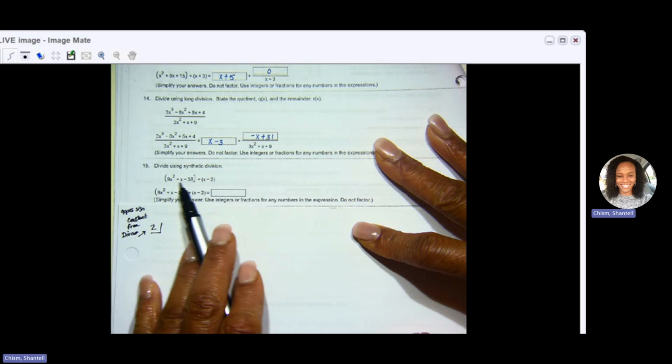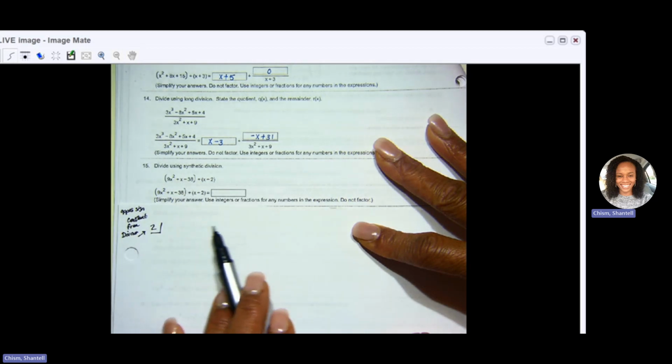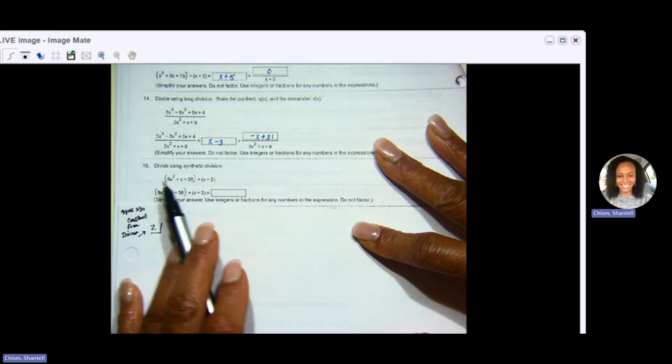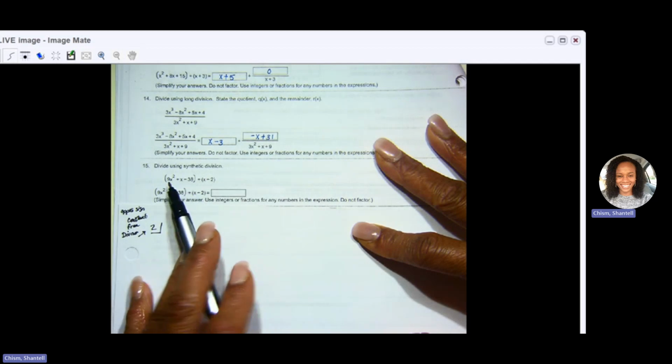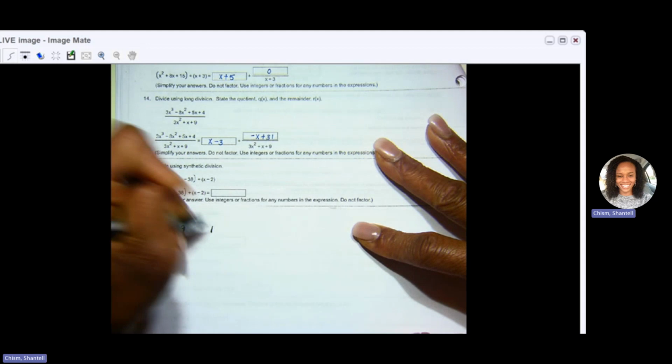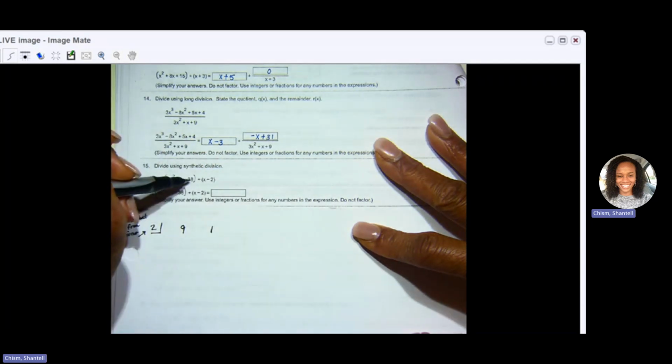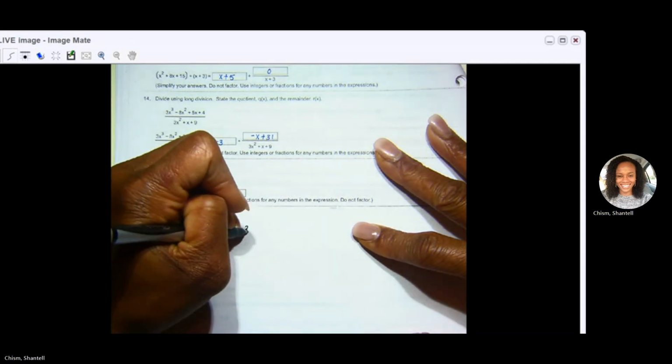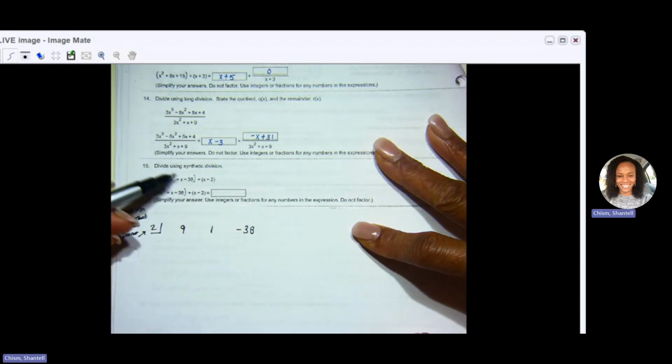Then I take the polynomial, the dividend, and I write the coefficients of its terms. So 9, 1, negative 38. So the coefficients as well as the constant term.